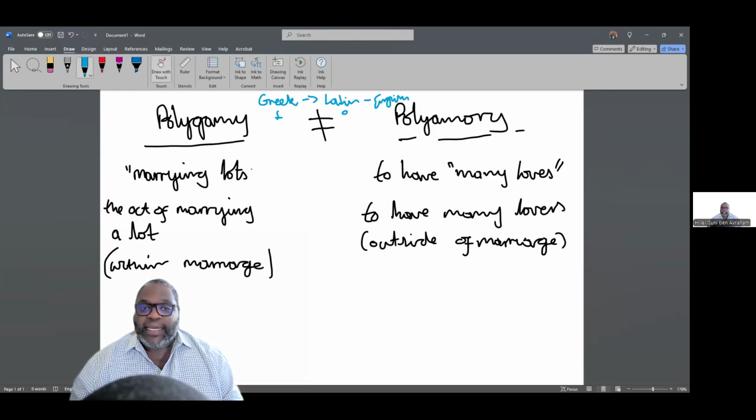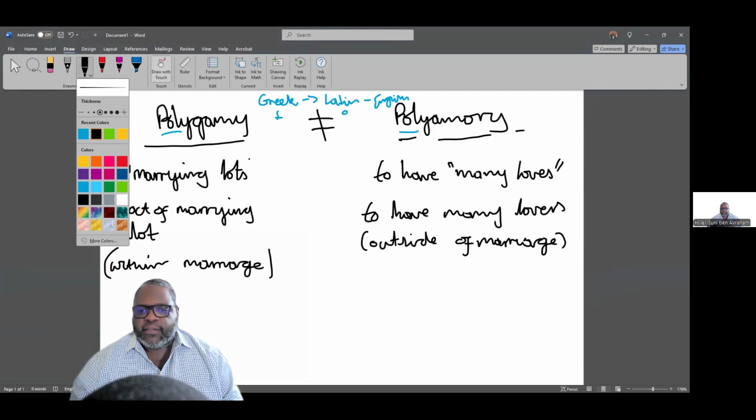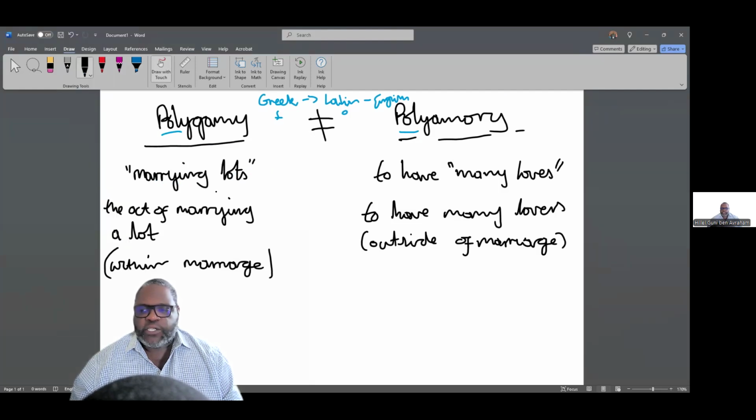So we have polygamy. And of course, in Greek, poly means many or numerous. In both polygamy and polyamory, we have the poly as a prefix. It literally means marrying lots. In everyday spoken English, in the street, it means marrying lots, and it's an act of marrying.